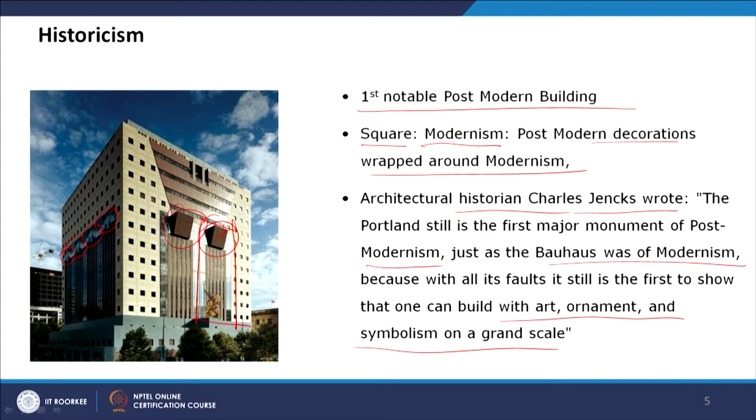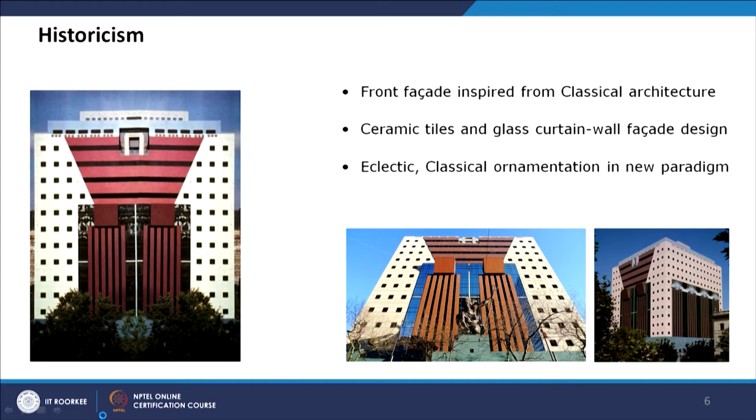This is the column capital, done in an abstract form, and these are the Ionic columns' flutes, and the Ionic column's capital is translated into a very modernist and geometric form. These two depict the Ionic column, taking the load of some element you have designed. You can also see different kinds of texture and ornamentation, and this is bilaterally symmetrical from all sides. The front facade is also inspired by classical architecture.